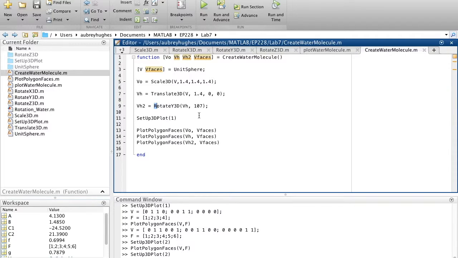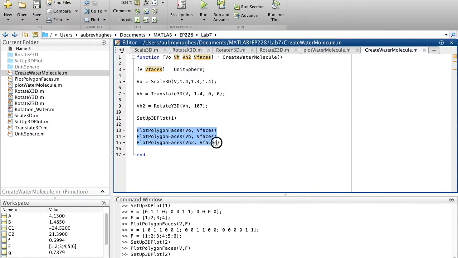I found that it moved 107 degrees when I rotated around the y. So I said that my VH is going to be rotated 107 degrees, and that'll be assigned to a new vertice matrix.